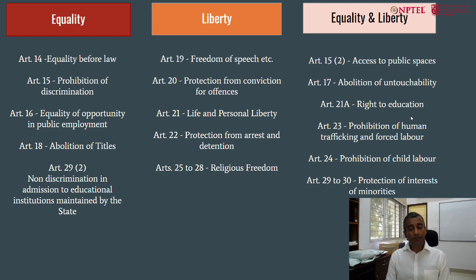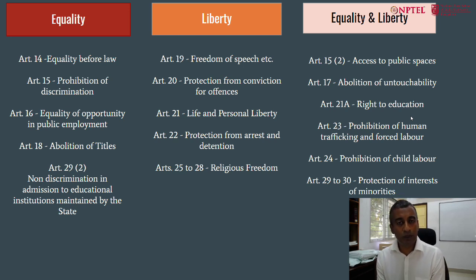A similar provision with respect to caste is on the abolition of untouchability, Article 17. I discussed it briefly in the last slide. And the point of Article 17 is to ensure us equality, but to also prevent curtailment of the liberty of actors based on social practices like that of caste and untouchability.